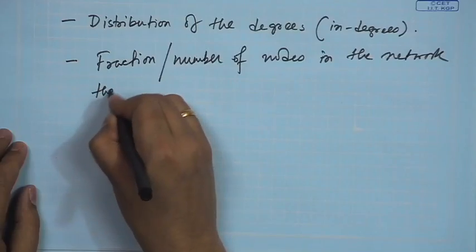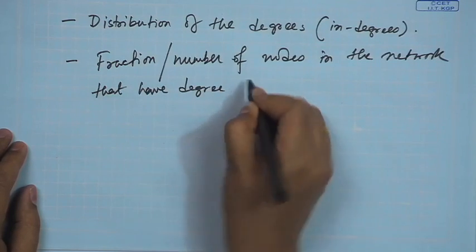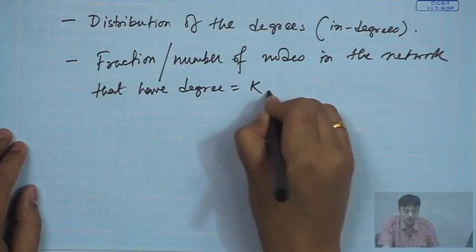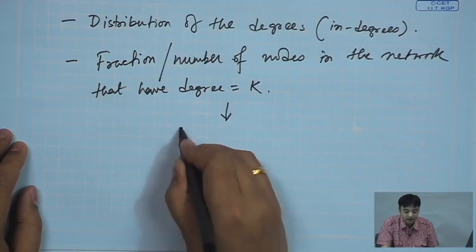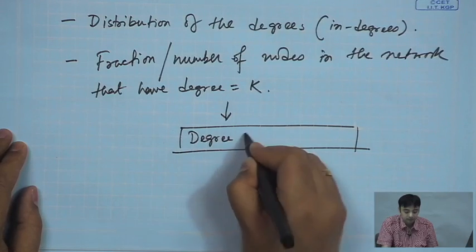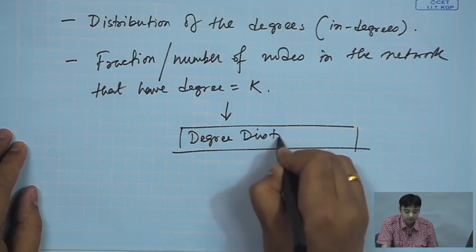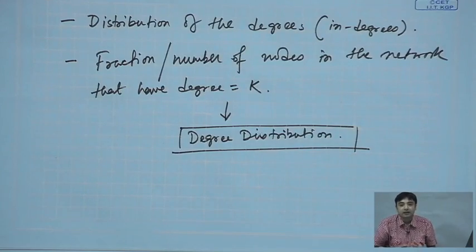The fraction or number of nodes in the network that have degree equal to k. This is what is referred to as the degree distribution of a particular network.